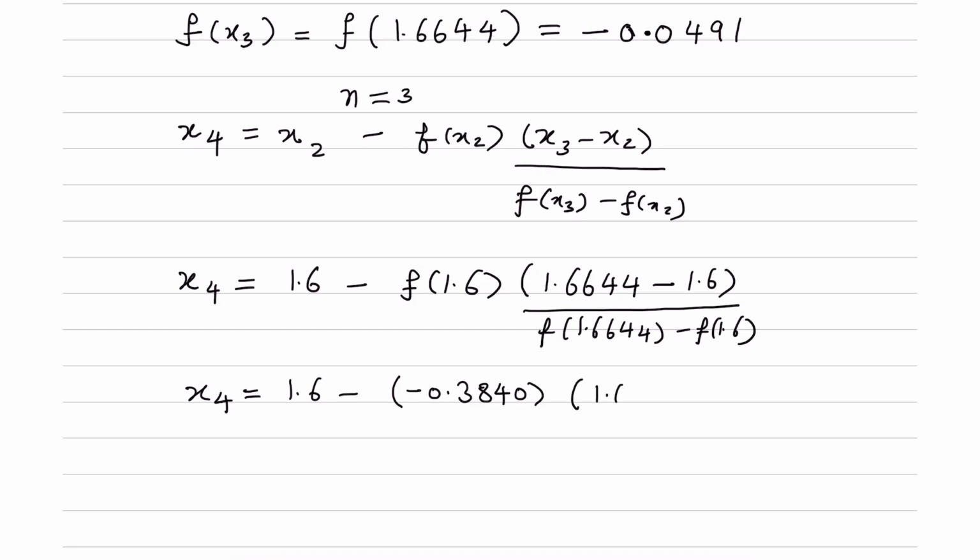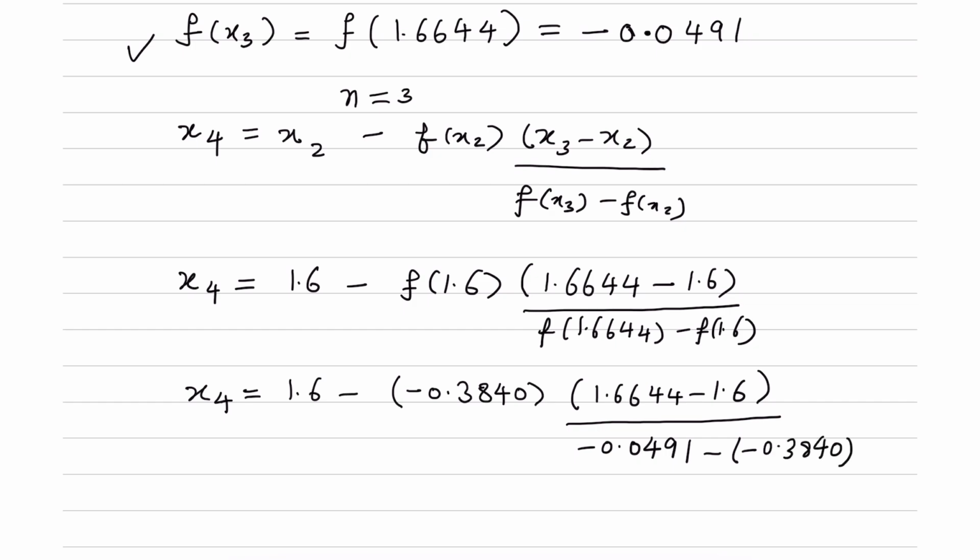The difference between 1.6644 and 1.6, divided by f of 1.6644, which is minus 0.0491, minus f of 1.6, and we have this value minus 0.3840.